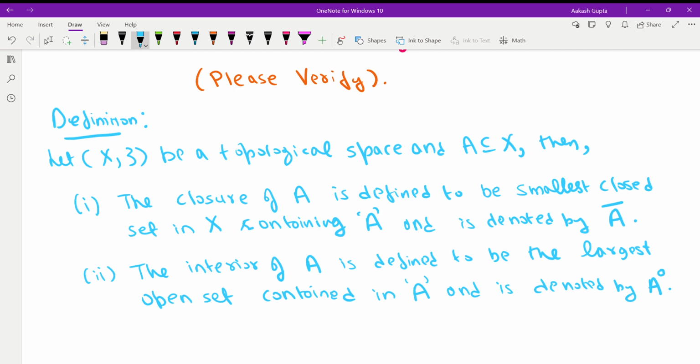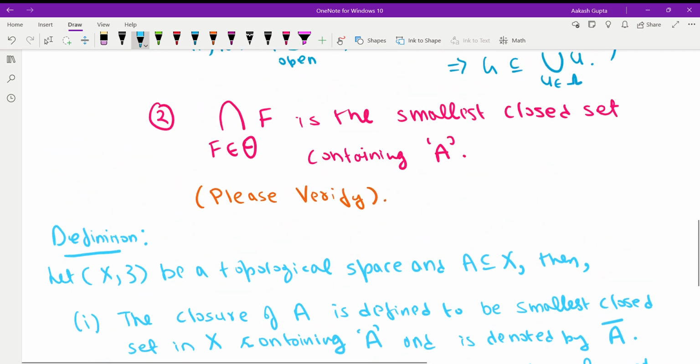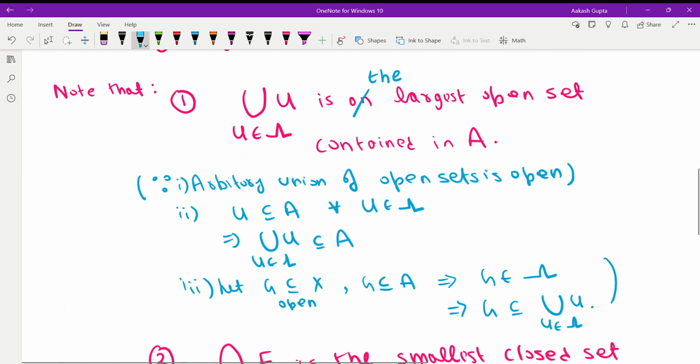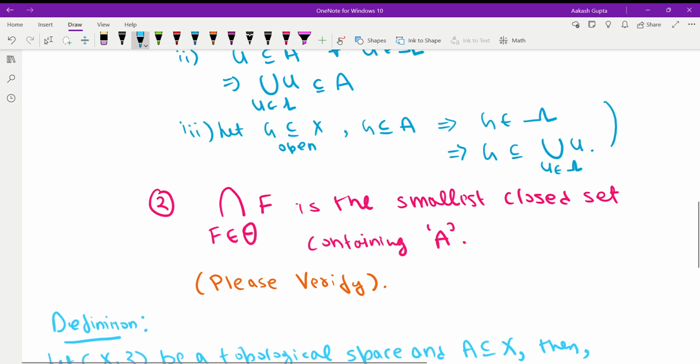So how will we read it? A interior. So if you see, we have given the specific description of these, no? This is nothing but A interior. And this is nothing but A closure.